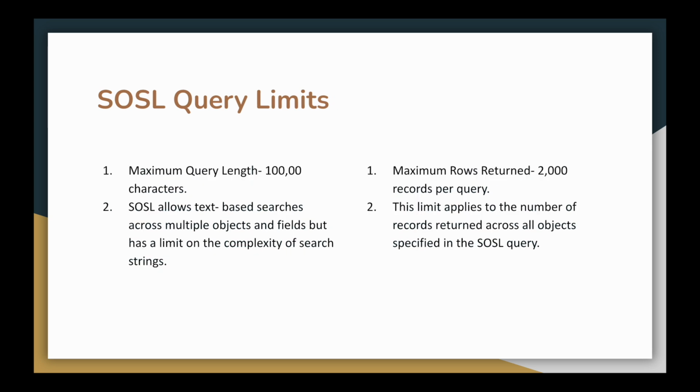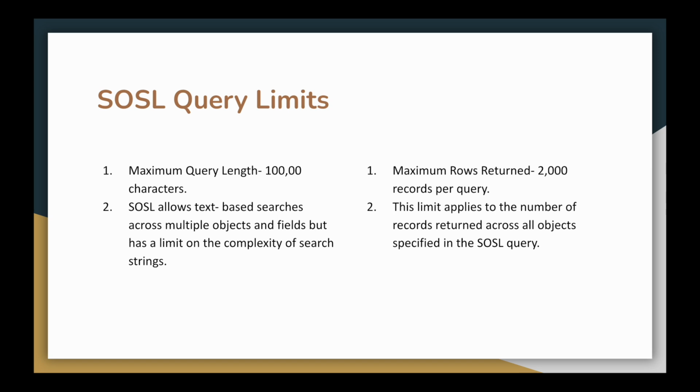Let's move on to talk about SOSL query limits. It has a maximum query length of 10,000 characters, but SOQL, if you remember, has a 1 lakh character limit. SOSL allows text based searches across multiple objects, but in SOQL we can either search in one object only or related objects, but not across multiple objects which do not have any relationship with each other.